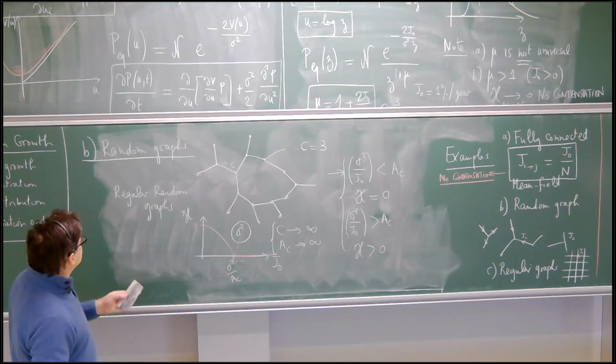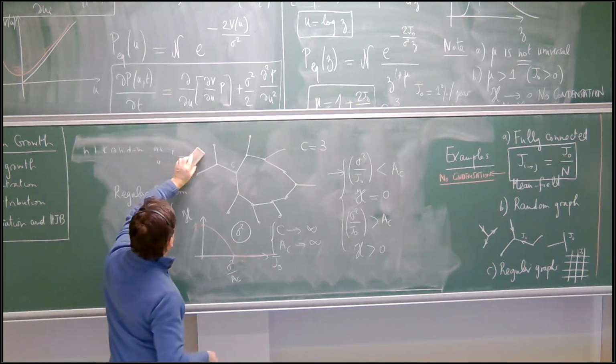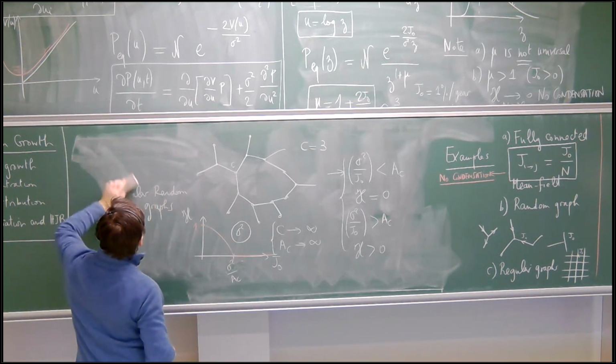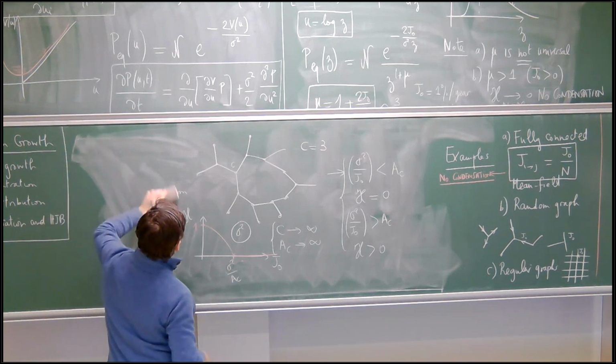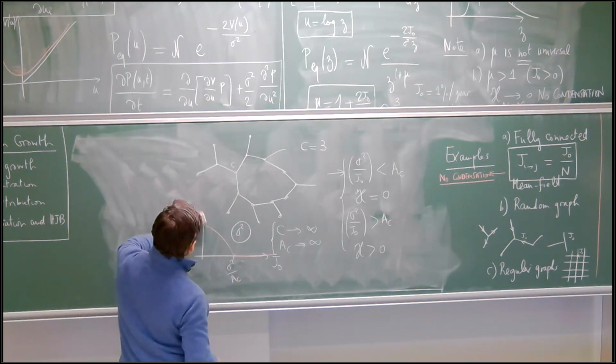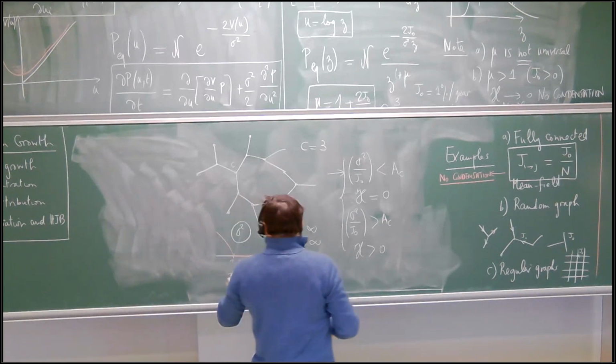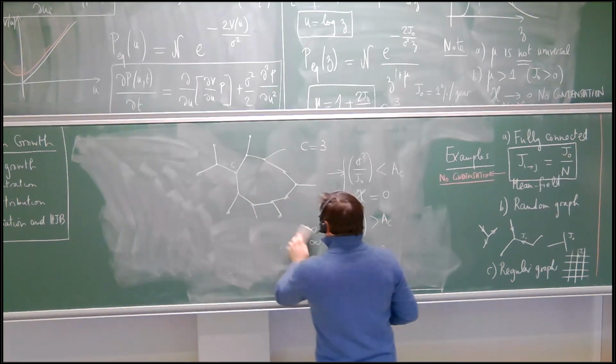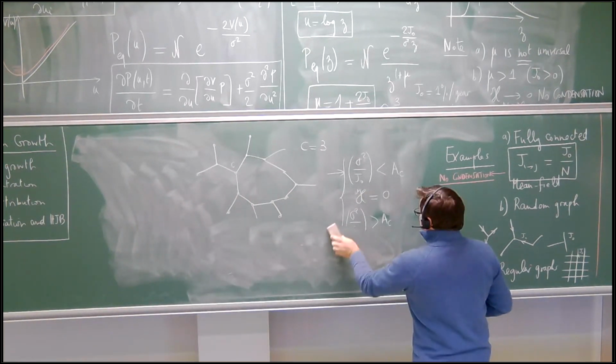Yes, please? So here we're looking at the limit n tends to infinity. What happens in the case of finite n? Well, the fact that there's a phase transition only exists when n goes to infinity.